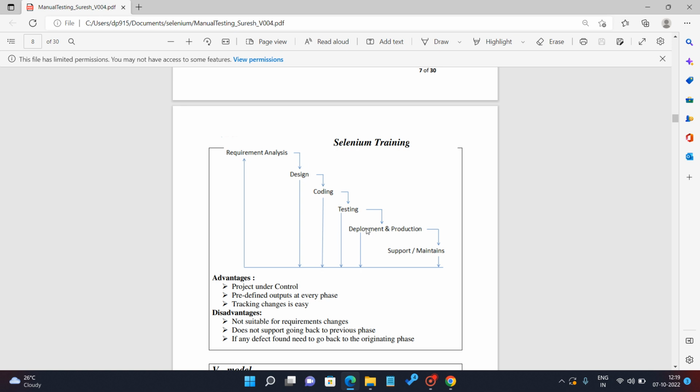The main advantage is that a small kind of project can be developed simply.